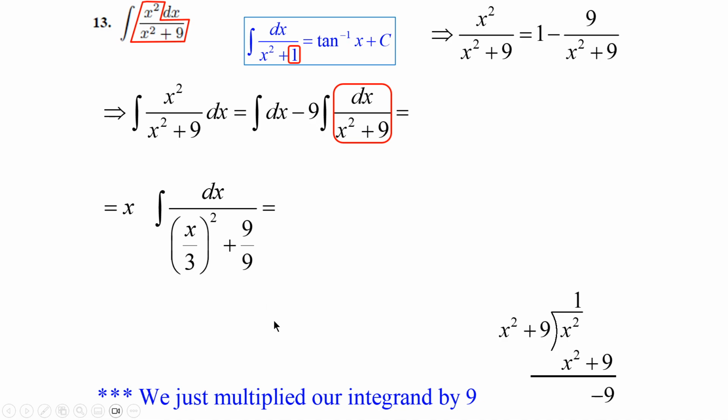Well, when I do this, I'm going to have to take care of my substitution here, so let's do it like this. Okay, so I've got x minus, okay, and I'm going to now make my u equal x over 3, and my differential of u then would be 1/3 dx. Okay, so let's put everything now in terms of u's right here. So I've got the u squared plus 1 right there.